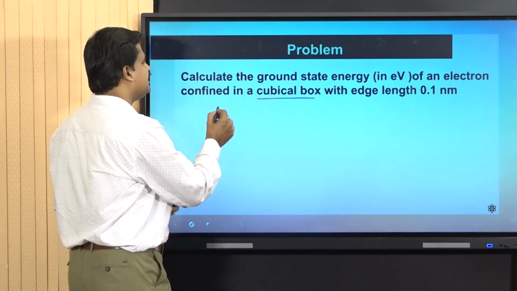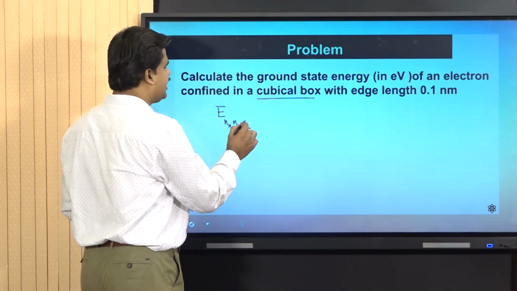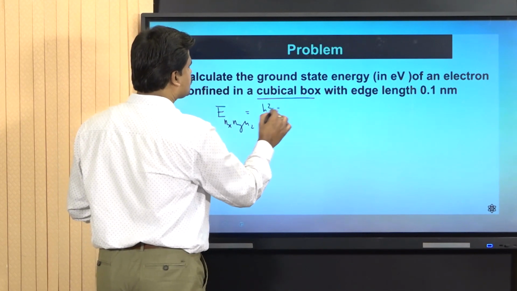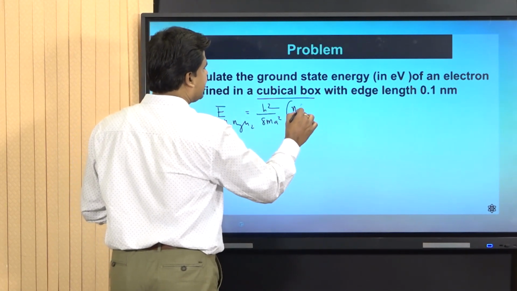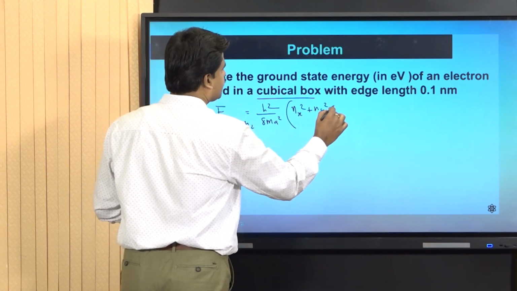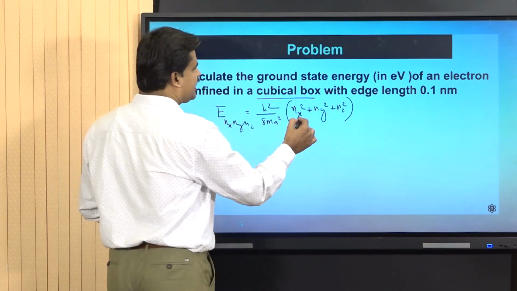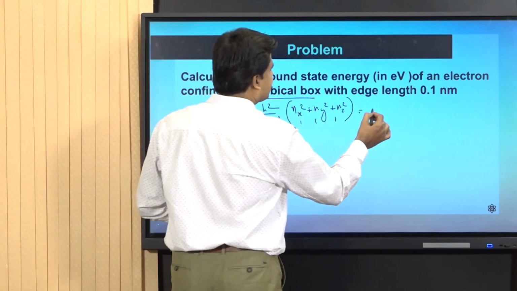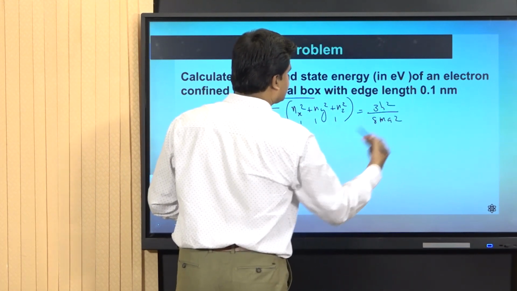We know the energy expression for a cubical box: E of nx, ny, nz is equal to h square divided by 8ma square into nx square plus ny square plus nz square. For the ground level, nx equal to 1, ny equal to 1, and nz equal to 1. So this energy expression will be 3h square divided by 8ma square.